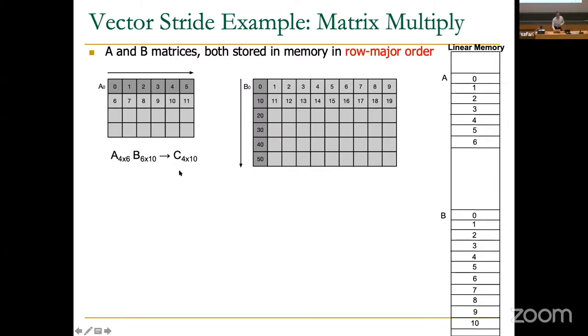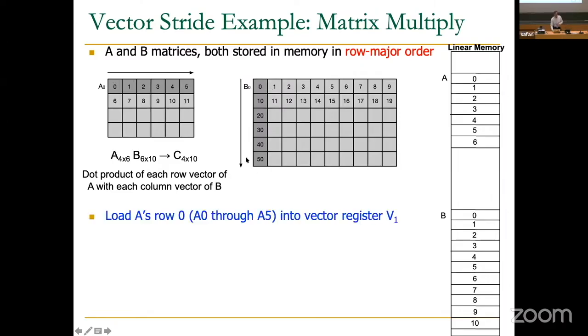And you get a result C of 4x10. Now, let's take a look at how you would do that. To multiply these, what you really need to do is take the dot product of each row vector of A with each column vector of B. So to get one location in the C matrix, you need to take the dot product of row 0 with column 0 in B.